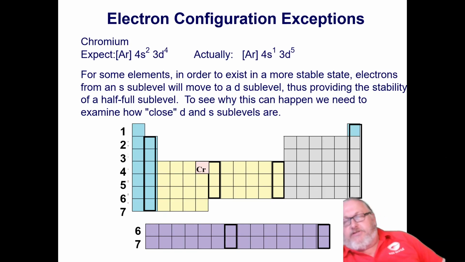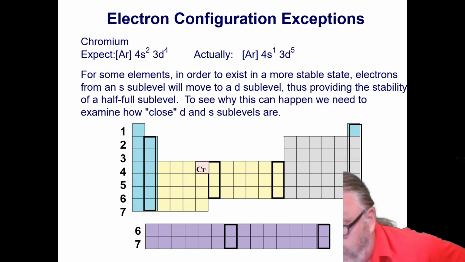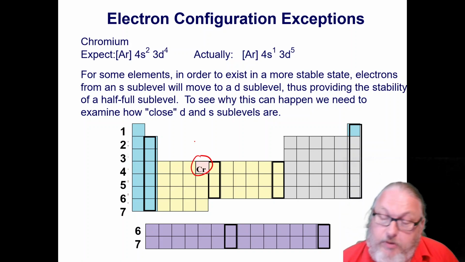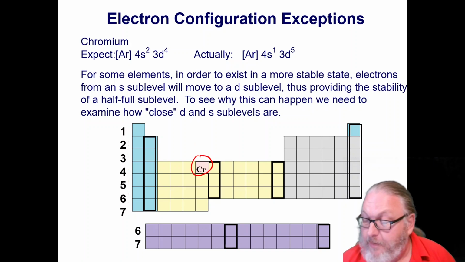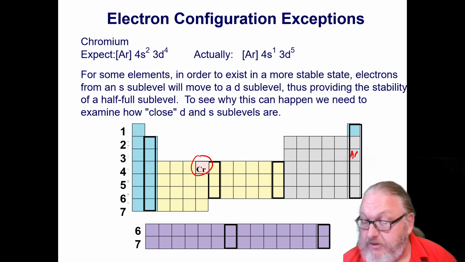So here are some of the exceptions. Let's look at chromium. Chromium, element number 24, is right there on the periodic table. We would expect the shorthand configuration to be argon, 4s2, 3d4.